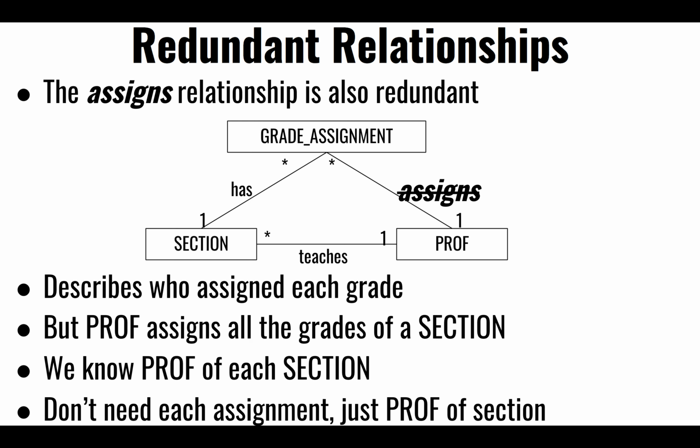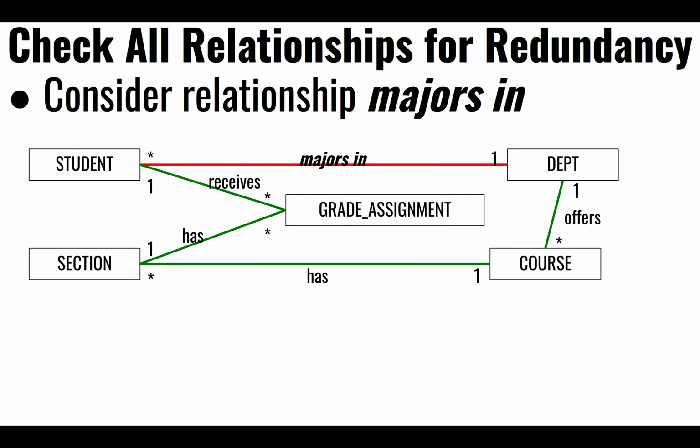Only the professor. So it's not needed. There's no need to keep track of who assigns it because you're the only professor in that section. It could not be anyone else. So it's safe to remove any of these redundant relationships. So we remove that.